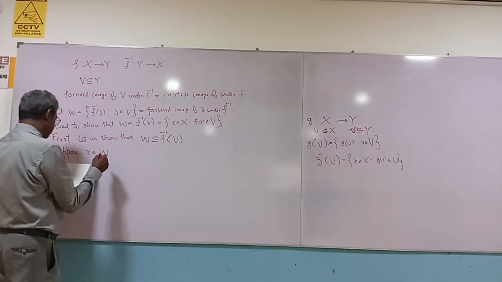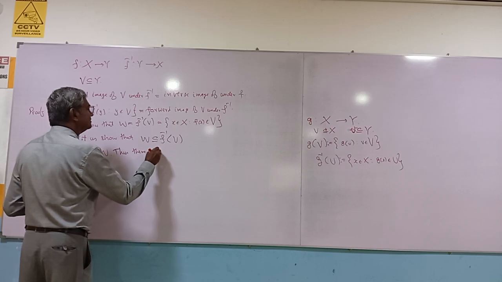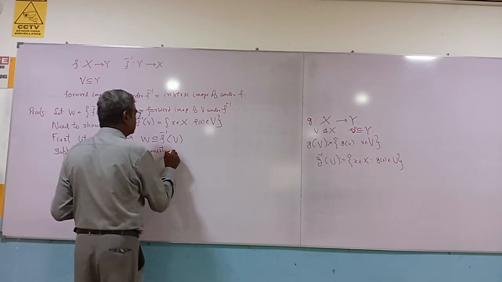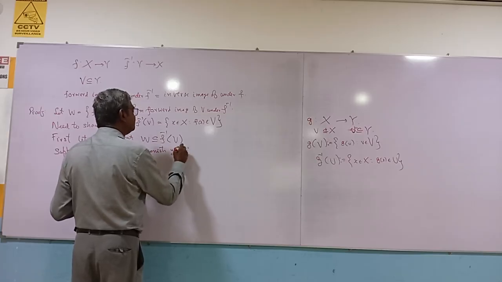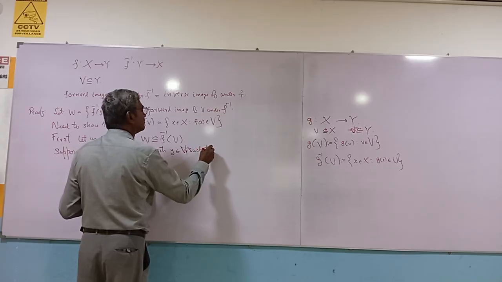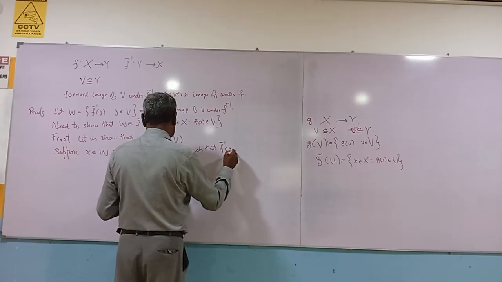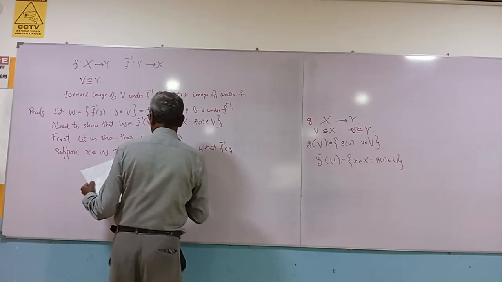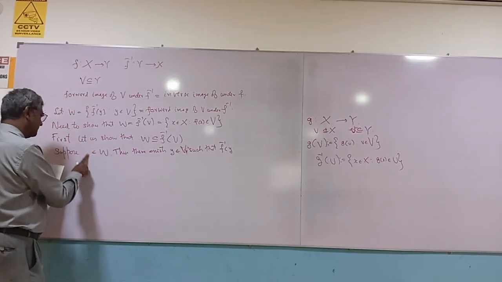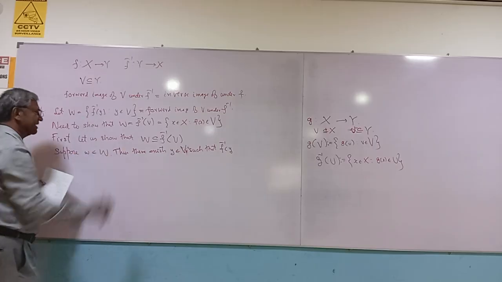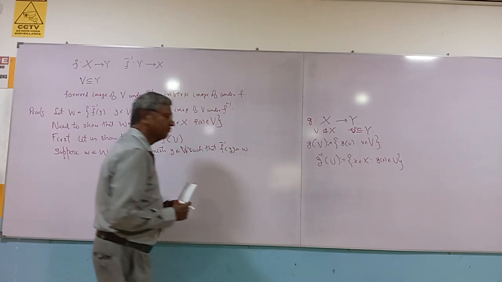Then what do I know? Thus there exists Y belonging to V such that F inverse Y equals X. I wrote here W, let's put simply W. Such that F inverse Y is equal to W. Right?